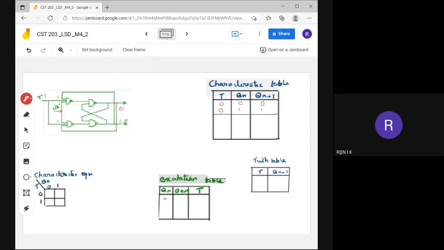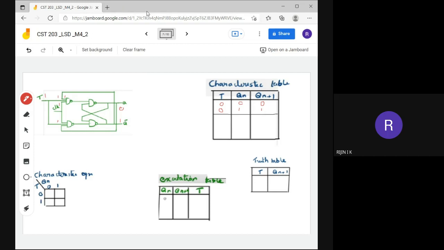So we need to find the output of the first NAND gate. Here the clock is 1, our T input is 1, and one more input comes from here, Q bar, which is also 1. So all the inputs are 1 here. If all the inputs are 1, what will be the output?